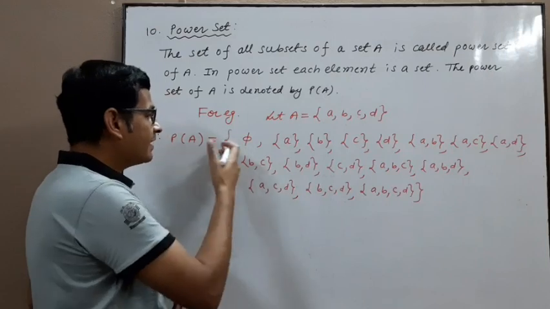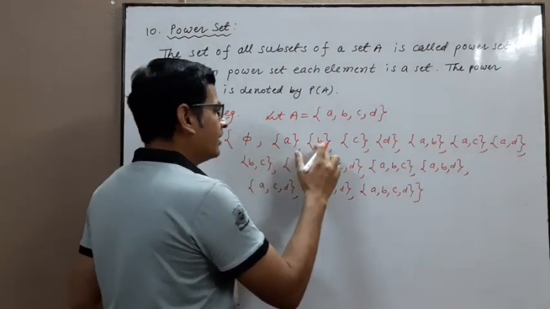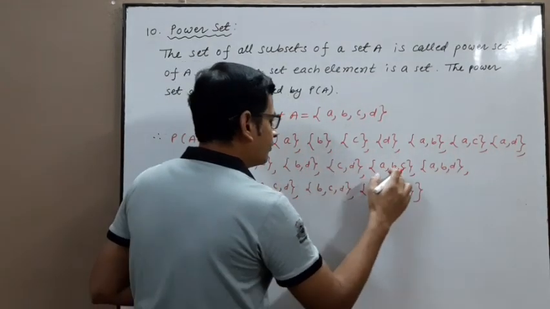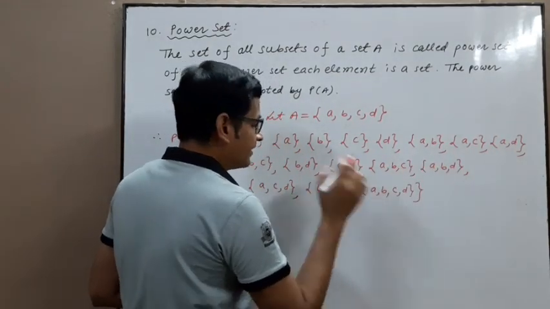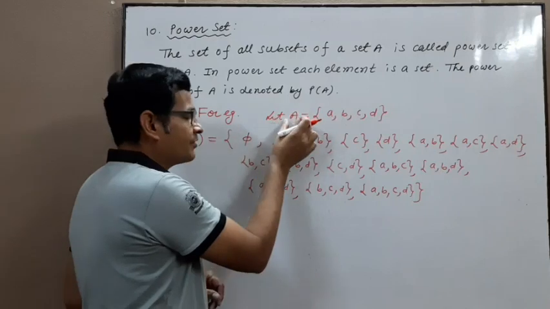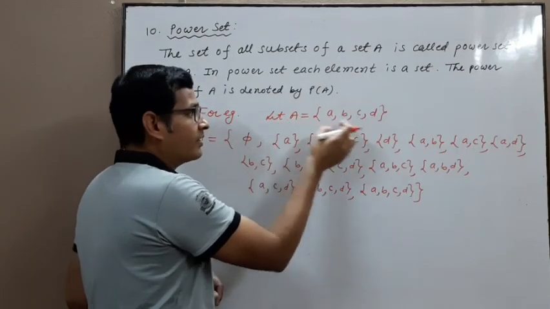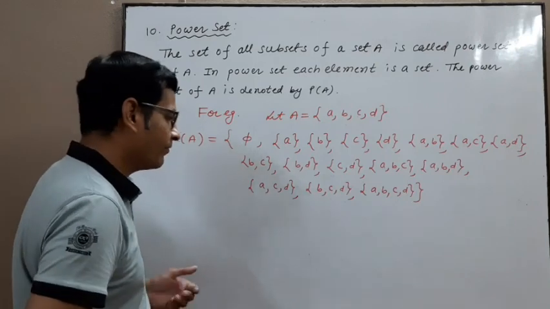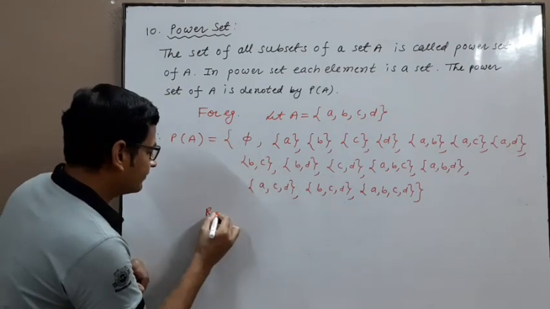Okay, now count. How many subsets are there? 1, 2, 3, 4, 5, 6, 7, 8, 9, 10, 11, 12, 13, 14, 15 and 16. Or we know the number of subsets of set A is 2 raised to the power of the number of elements. 2 raised to the power 4 equals 16. So hence verified. Now remarks.